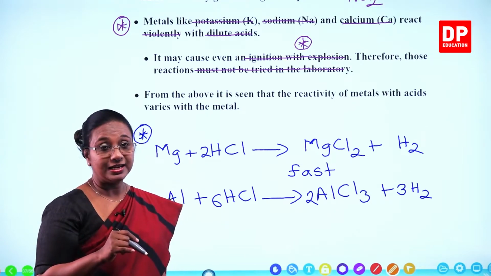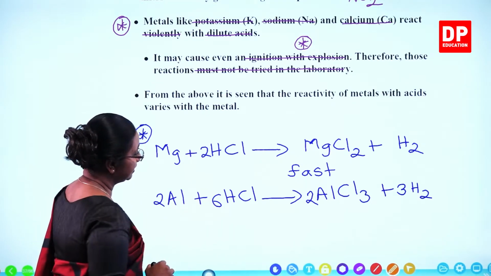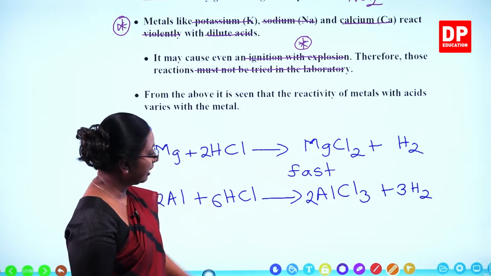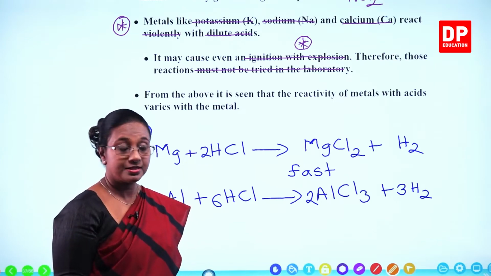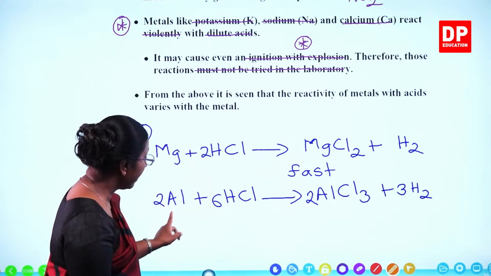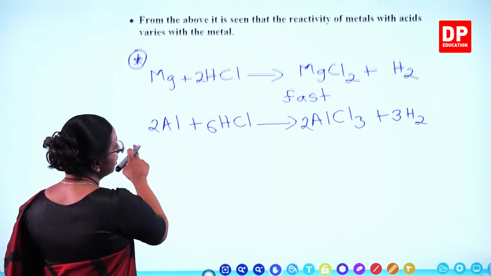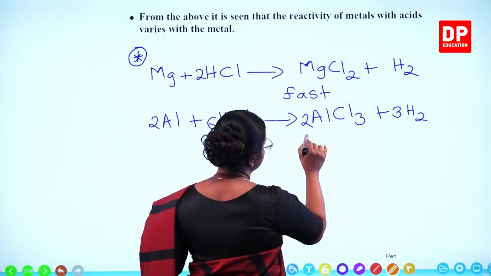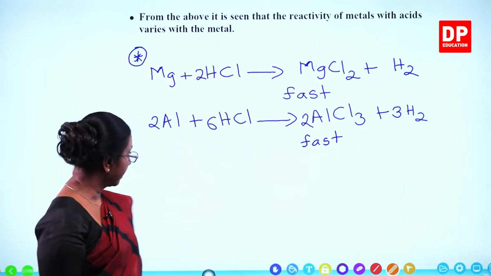Can you remember that? So 2 Al plus 6 HCl reacts to give 2 AlCl3 and 3 H2 gas. That is the balanced chemical equation for the reaction of aluminium with hydrochloric acid. This is also a fast reaction.